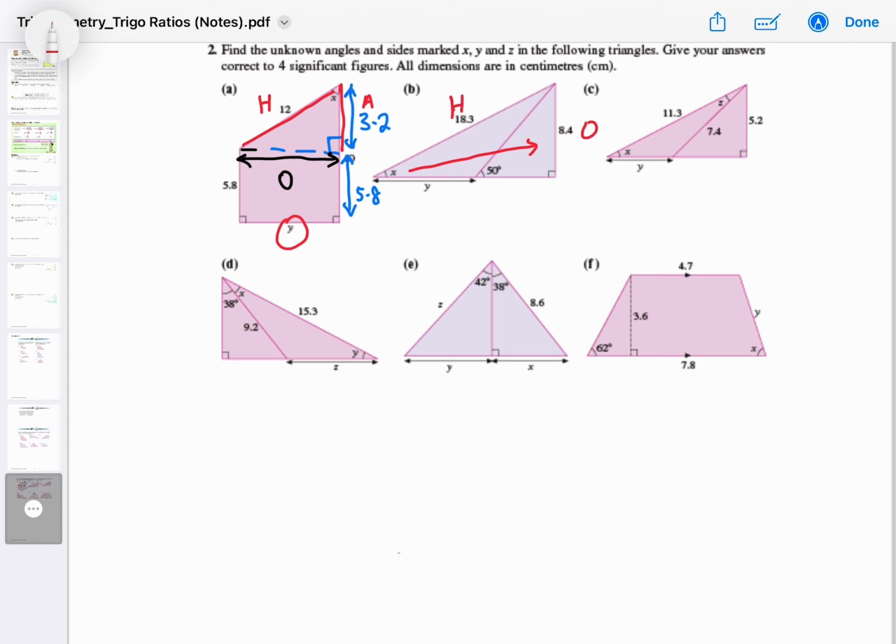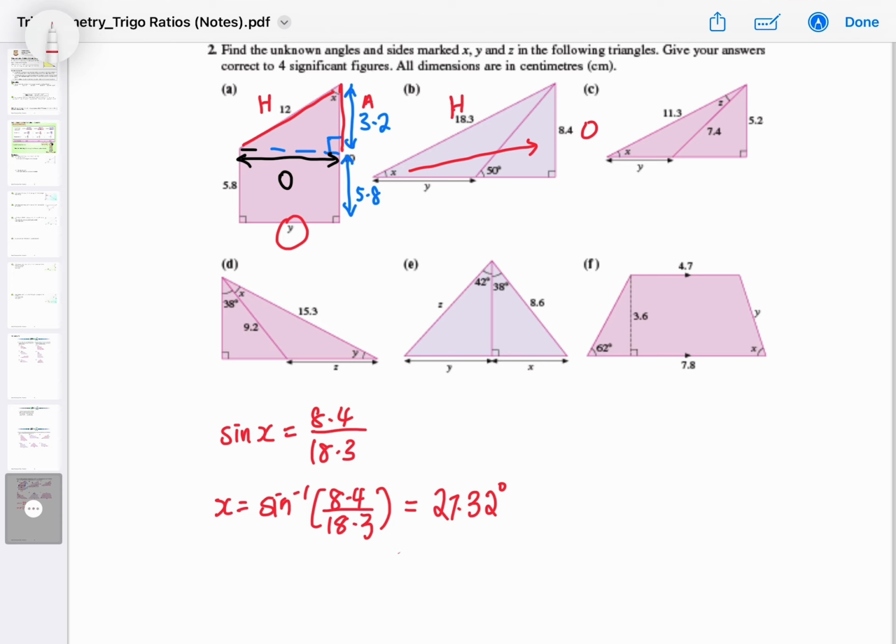Knowing that, I can say that sine x equals 8.4 over 18.3, which means that x equals sine inverse of 8.4 over 18.3. That would mean x equals 27.32 degrees to 4 SF.